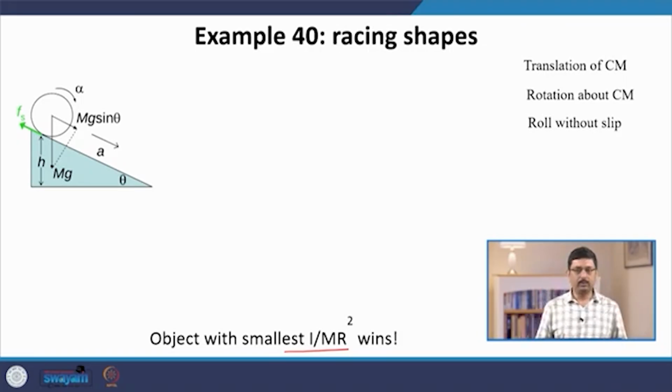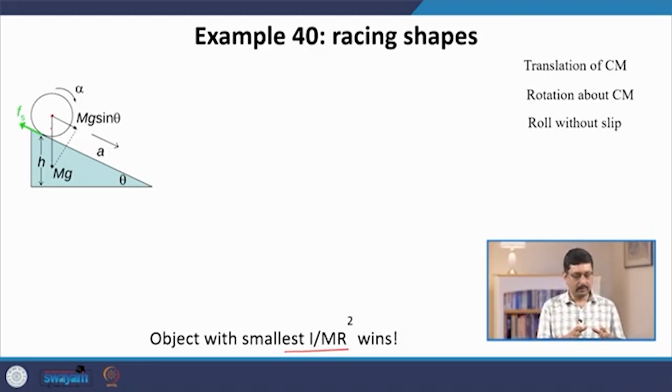The natural choice is to look at the axis of rotation, which is the axis of symmetry of the object, passing through the diameter in the case of the sphere, and the axis of the cylinder in the case of the cylinder, going into the plane of the screen.